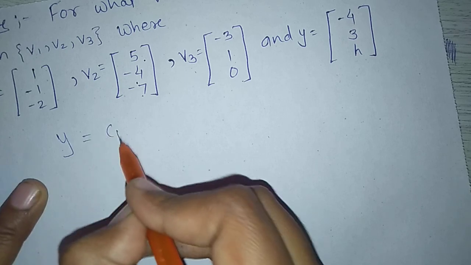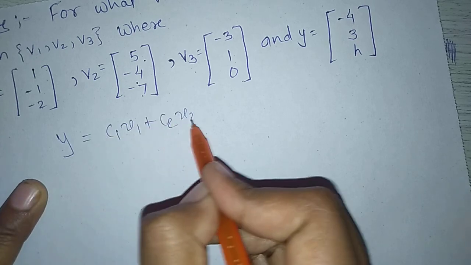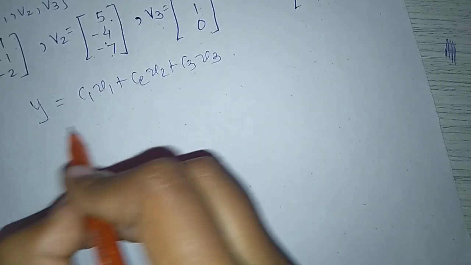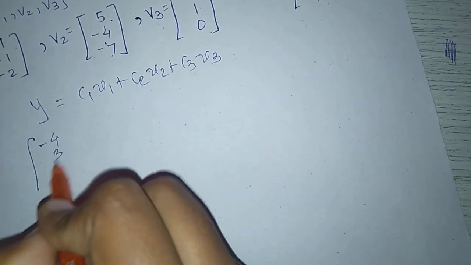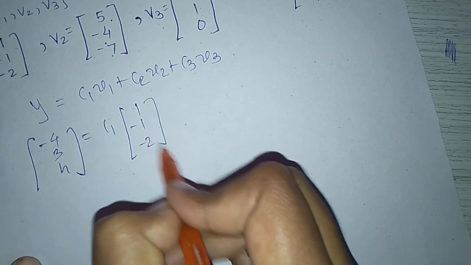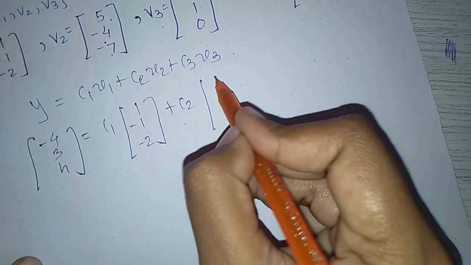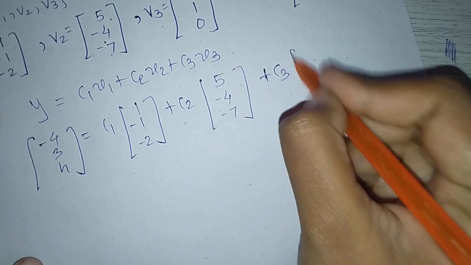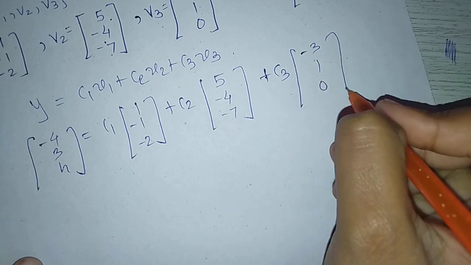Y equals C1 V1 plus C2 V2 plus C3 V3. So (minus 4, 3, H) equals C1 times (1, minus 1, minus 2) plus C2 times (5, minus 4, minus 7) plus C3 times (minus 3, 1, 0).